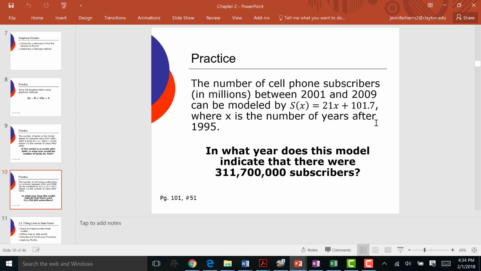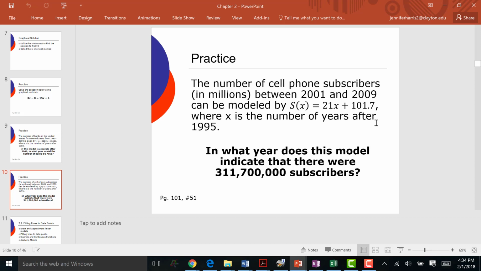Do you understand it? Let me ask you a question about the last question. In what year does this model indicate? Are they asking you for an X value or a Y value? Okay, so let me write down what we got so y'all can help me out. We read the problem. Number two, we understood what the problem is talking about.